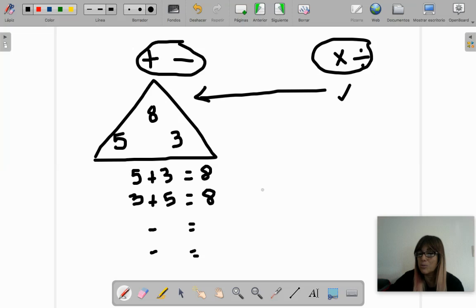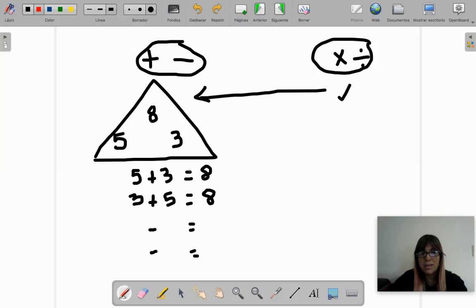Now let's do the subtractions, but I'm going to give you a clue for the subtractions. This is the clue that is going to help you with the multiplications and divisions. When you do the subtraction sentences, let me change color. I'm going to use red. You do the first sentence, this one, but we do it backwards.